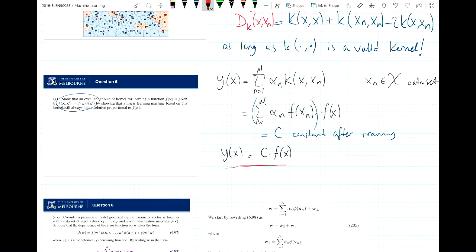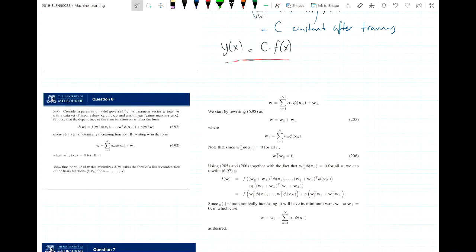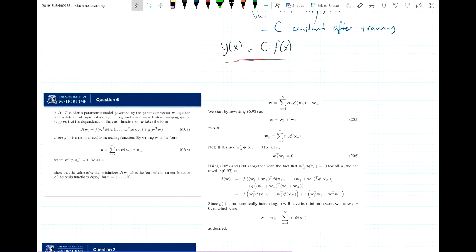Okay, so that's just again spending a little bit of time with the kernel machines, and then this is actually a better question in the sense that it kind of proves what we have said.